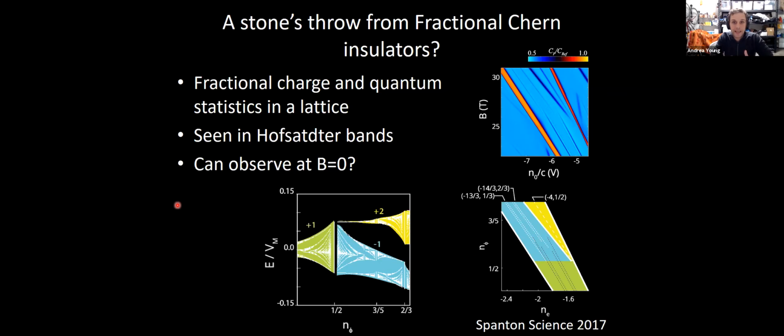And so I sort of think that this is kind of a good sign of making these at 0 magnetic field, which for us is a bit of a holy grail, because very much of what we would like to do is to learn how to manipulate fractionally charged quasi-particles and their fractional quantum statistics in any of these van der Waals heterostructures, work that I didn't tell you about today, but that is sort of a major focus of our efforts.